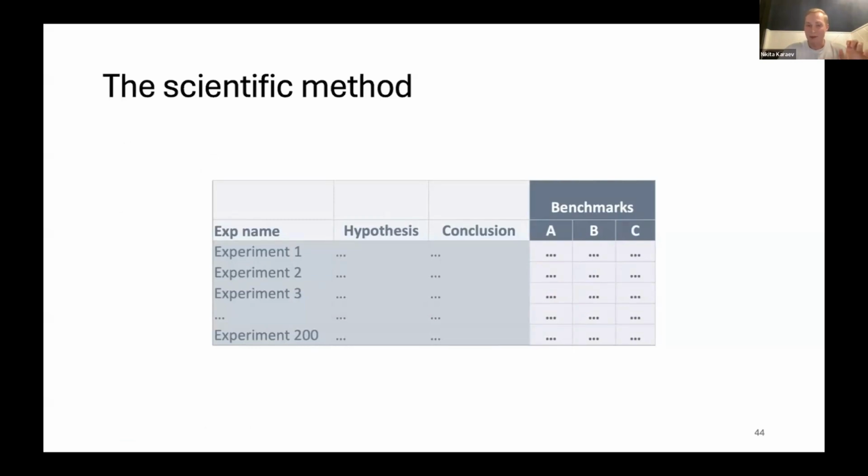We would write down the experiment name, the hypothesis we're testing right now, the results of the experiment, so numbers on some benchmarks, and the conclusion, like whether it actually worked or it didn't. And this was really helpful. This was the first time I've done something like that, and I think it's really useful for doing research.